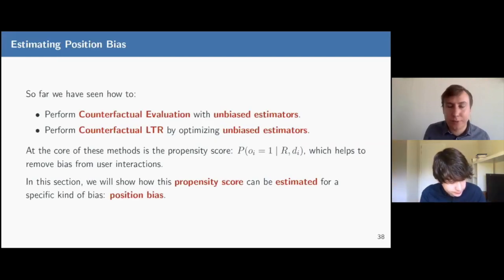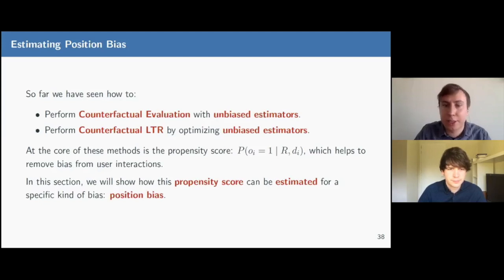We've seen counterfactual evaluation using unbiased estimators, counterfactual learning to rank, which essentially is just optimizing these unbiased estimators. And again, at the core is this propensity score, this probability of observing a specific document in a ranking during data collection. And that thing helps us to remove this bias from user interaction.